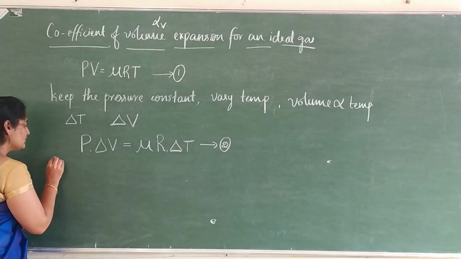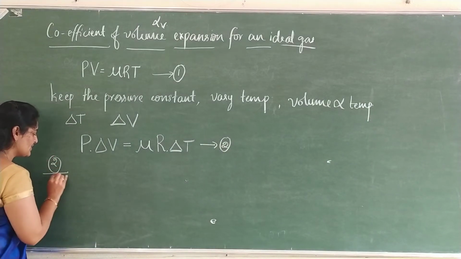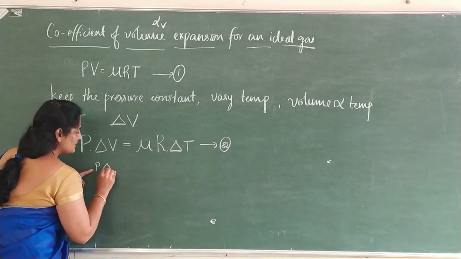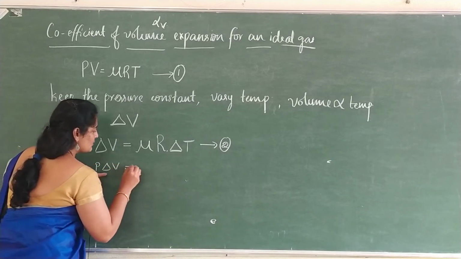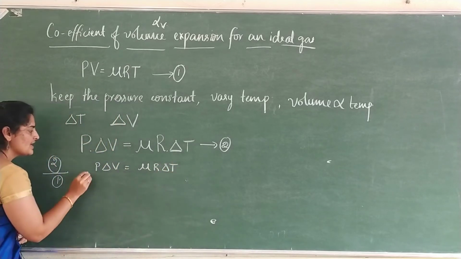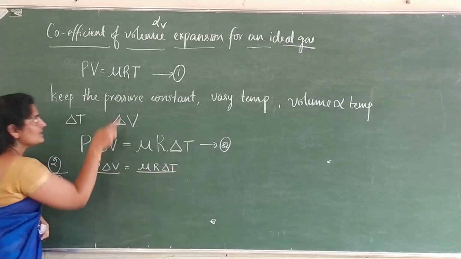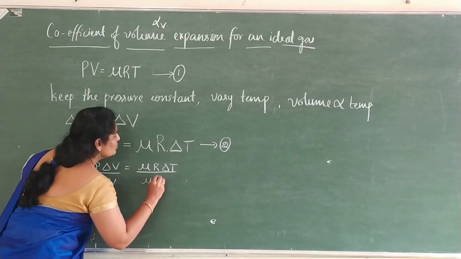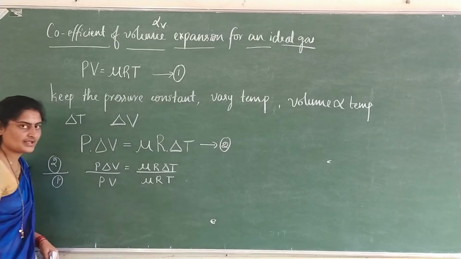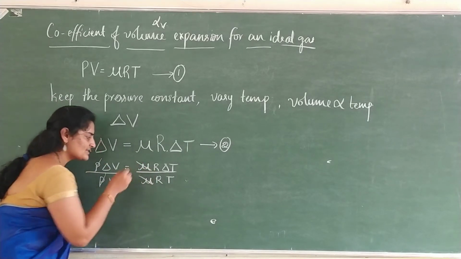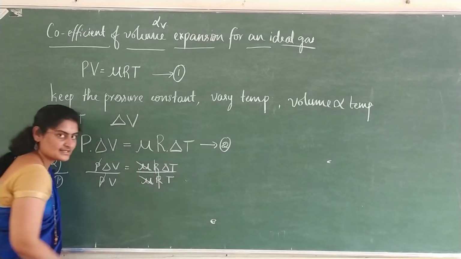Now, what I do, I'll divide equation number 2 by equation 1. P delta V is equal to mu R delta T is the second equation. Divide this by the first equation, PV equals mu R T, right? P cancels, mu cancels, R cancels.